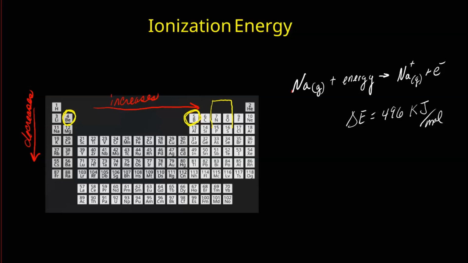And the reason why is nitrogen has a half-filled 2p configuration, which is extra stable, while oxygen has just one pair of electrons. So for oxygen, by having this one pair here, it is easier to remove an electron.